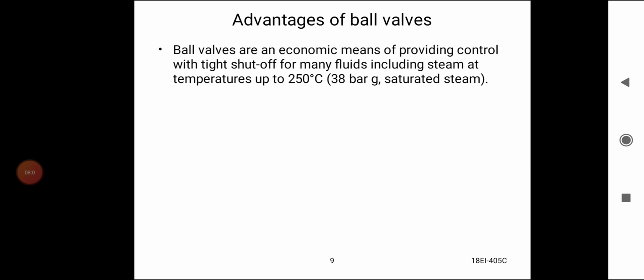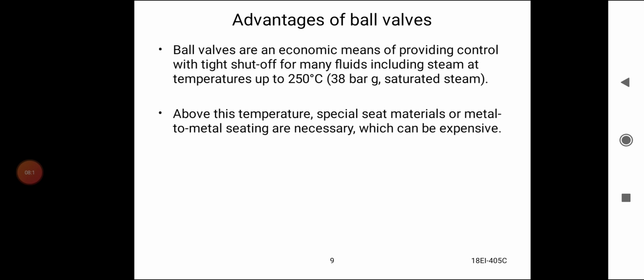Above this temperature, special seat materials or metal to metal seating are necessary, which can be expensive.